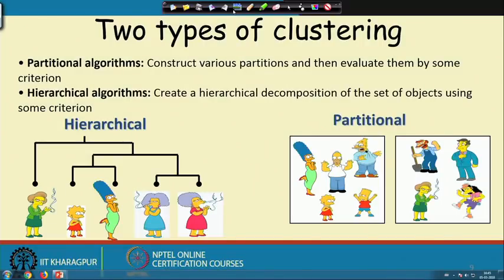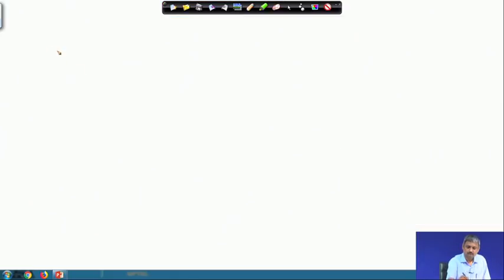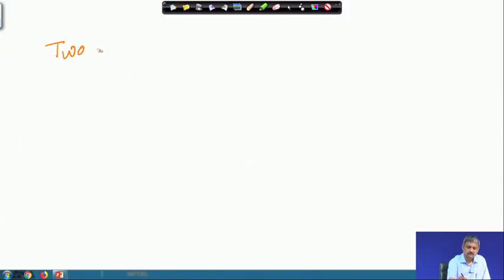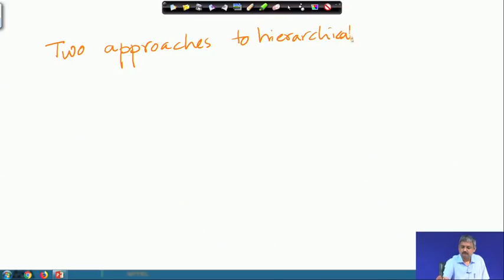There can be two approaches. One is bottom up, where you start from the bottom of the tree and then keep on merging.